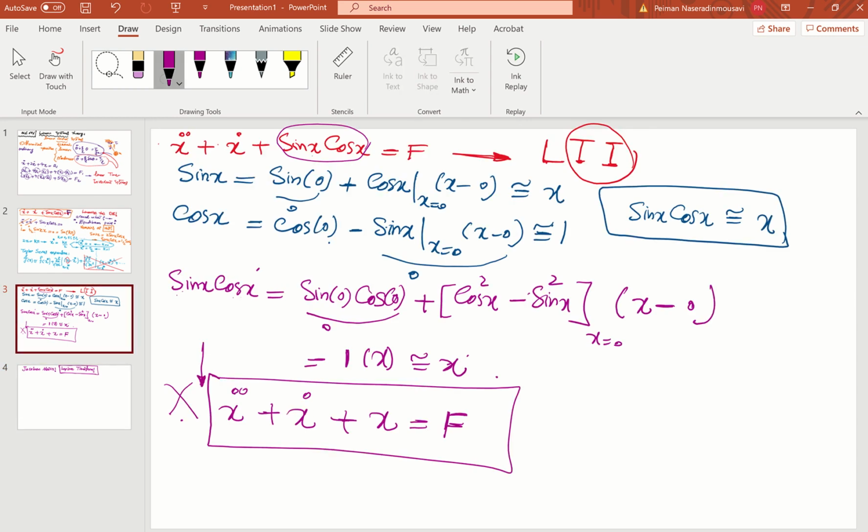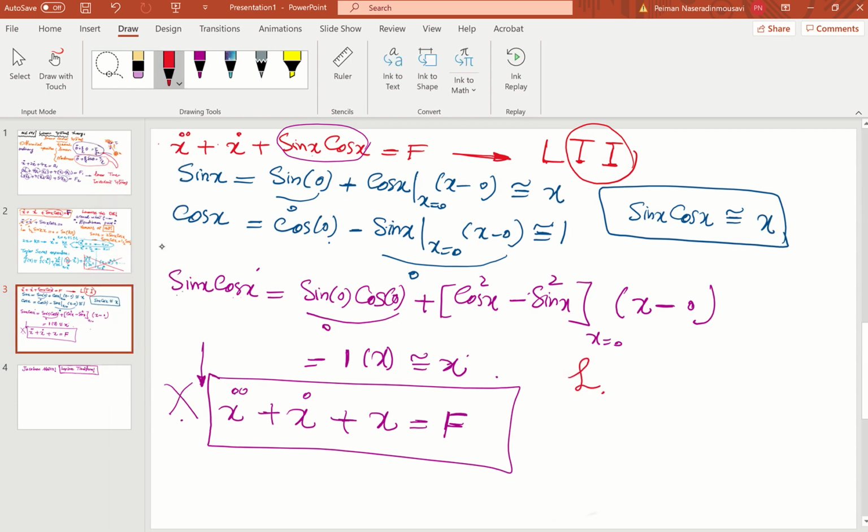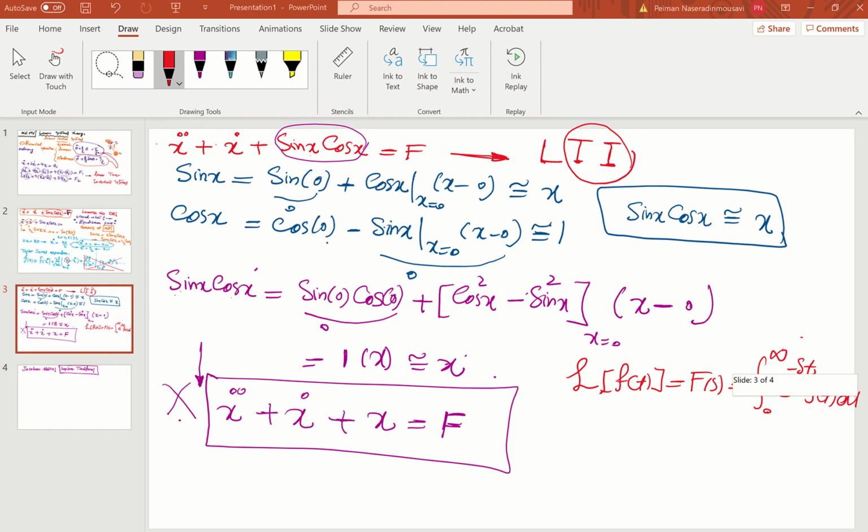This equation, if I apply the Laplace transform, by the way, if you forgot, the Laplace transform of a given function f of t, which is f of s, is the integral from 0 to infinity of e to the minus st times f of t dt, and the s is what, you know from undergraduate, j omega.